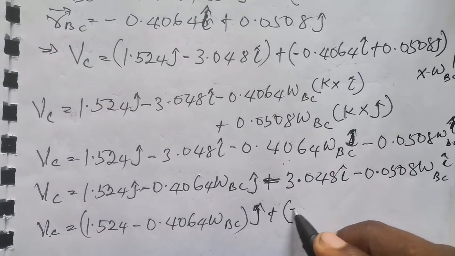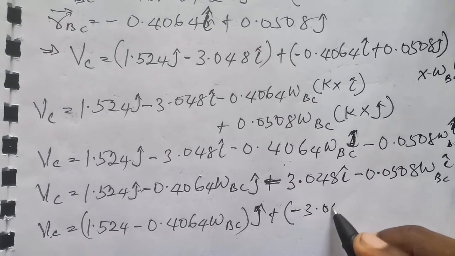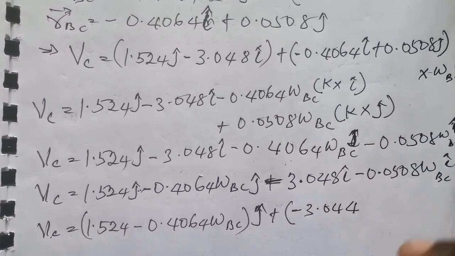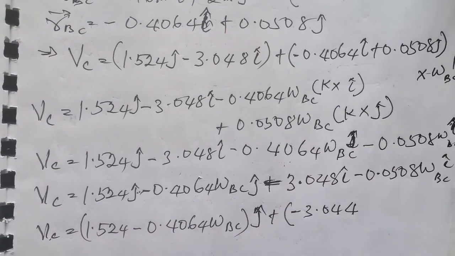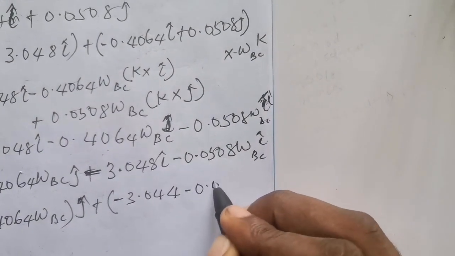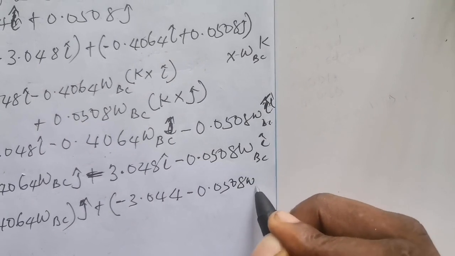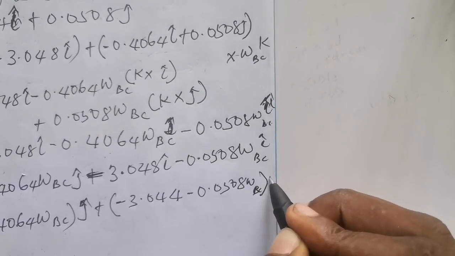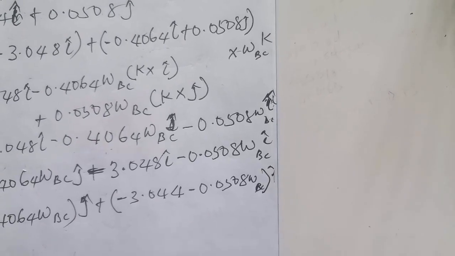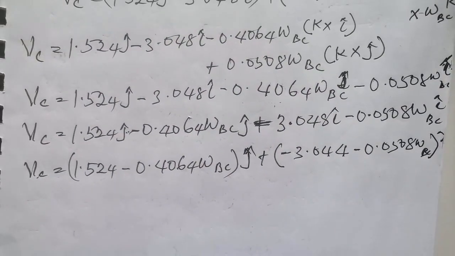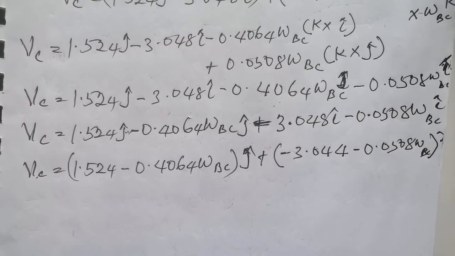Over here we have minus 3.048 minus, in the I direction. Alright, so factoring out the unit vectors, we simply have this.